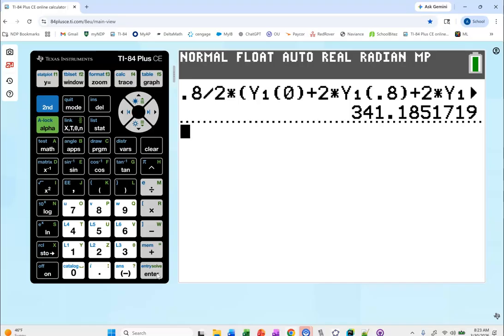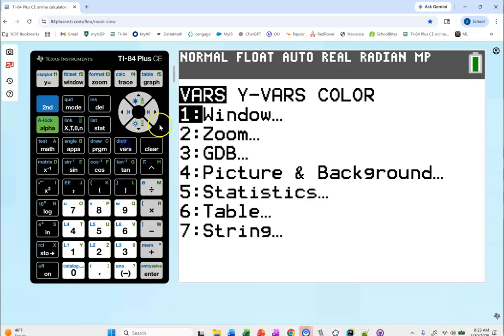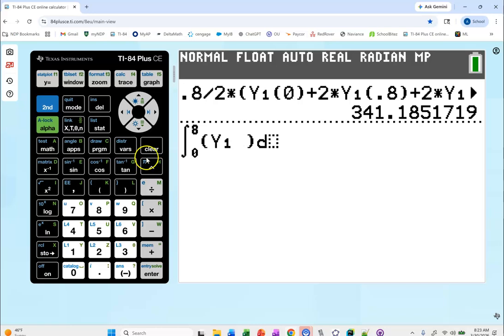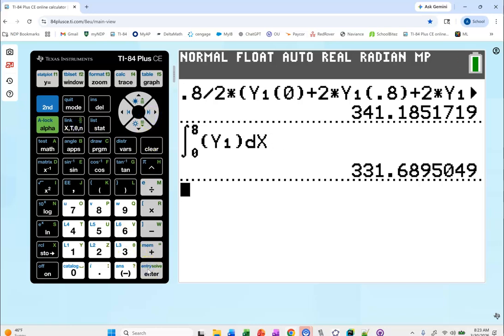So there's my value, or my approximation. Notice I could find the exact value by just doing the integral from 0 to 8 of that function. Right? Pretty close. Decent estimate.